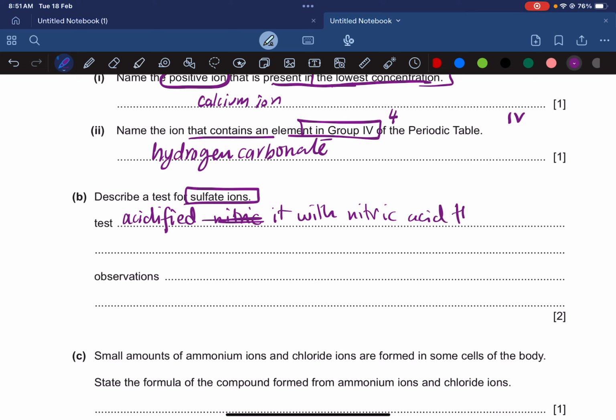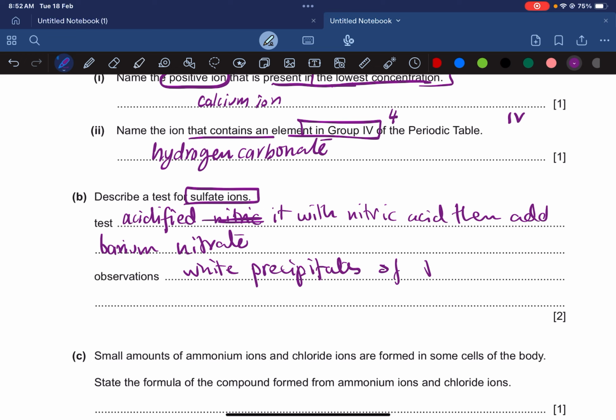Then add barium nitrate, and then you're going to see that white precipitates of barium sulfate are going to form. Okay, that's the test for sulfate ion.